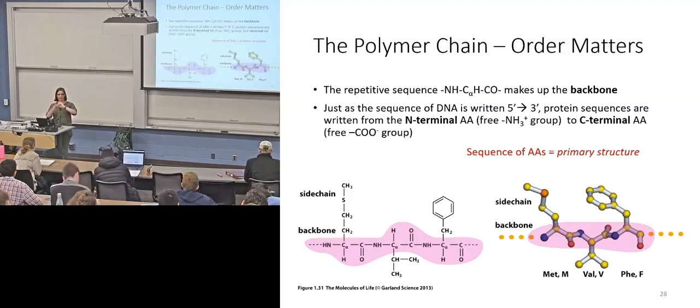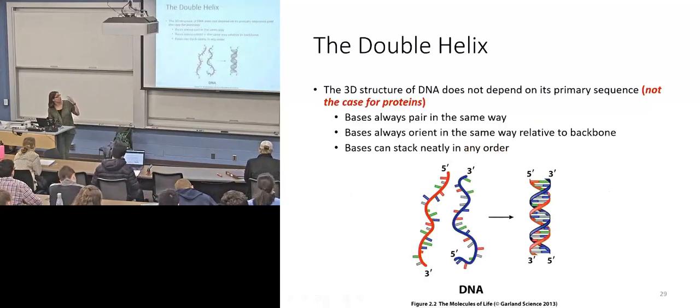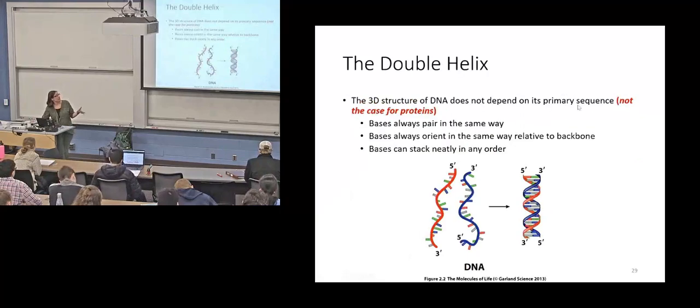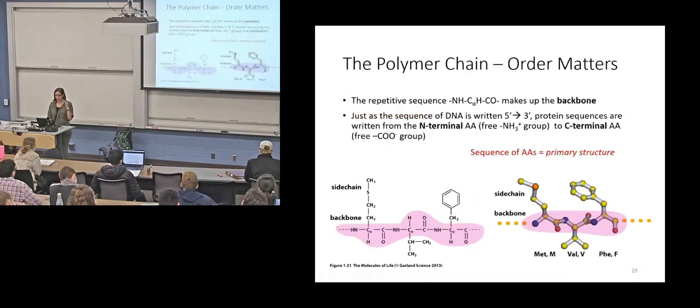But if things are lined up the way they should be, it doesn't matter if it's AAA, GGG, AGU, it doesn't matter. That was RNA, but you get it. So again, the 3D structure of DNA does not depend on primary sequence. For proteins, it's very important to what it can do in terms of secondary and tertiary structure.